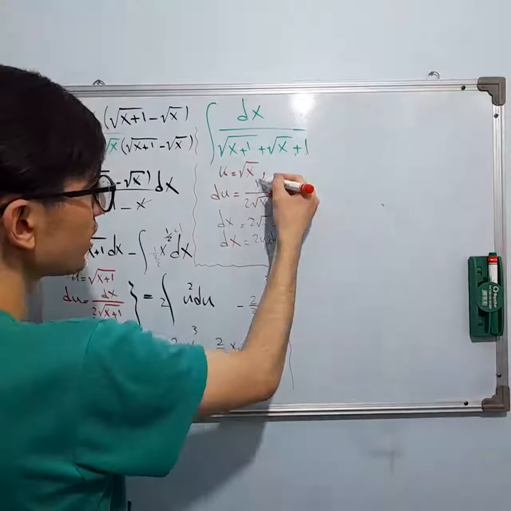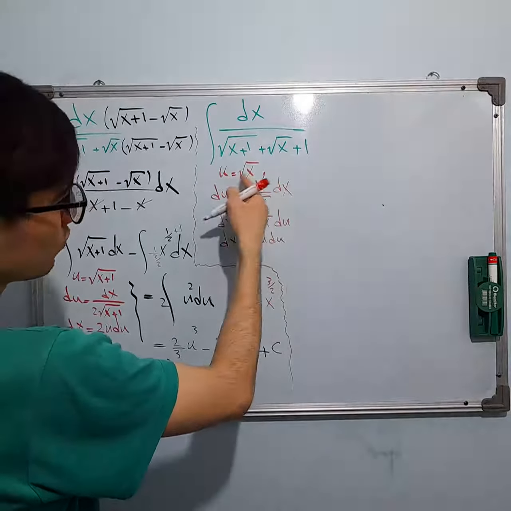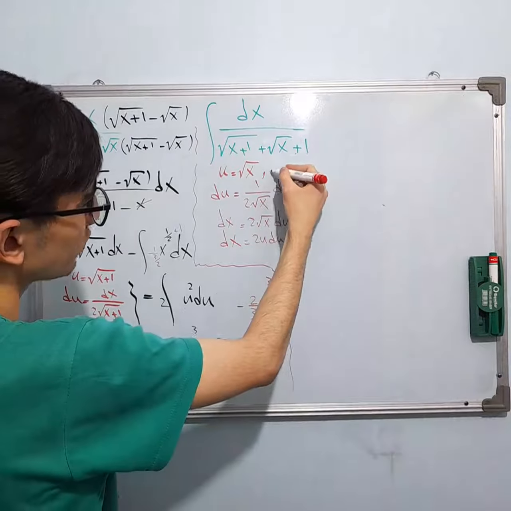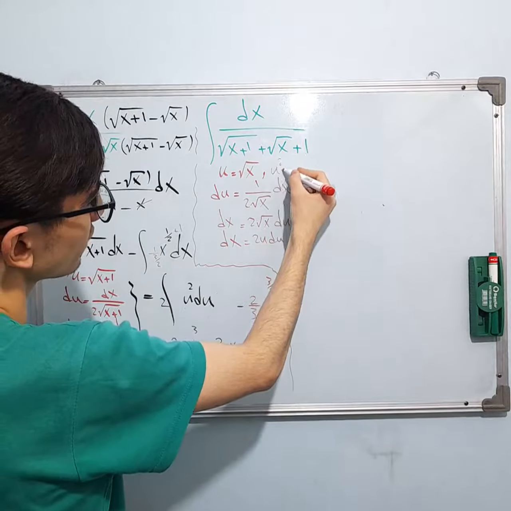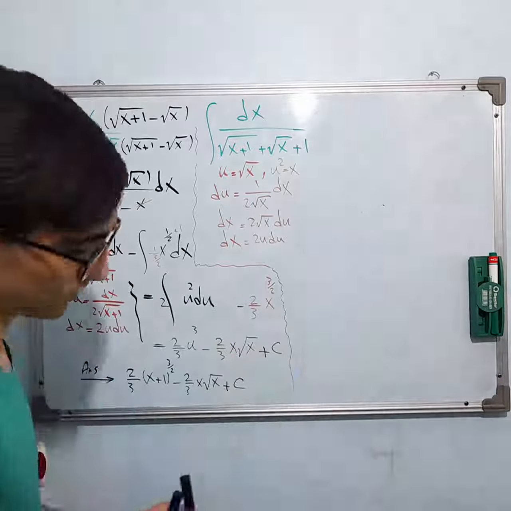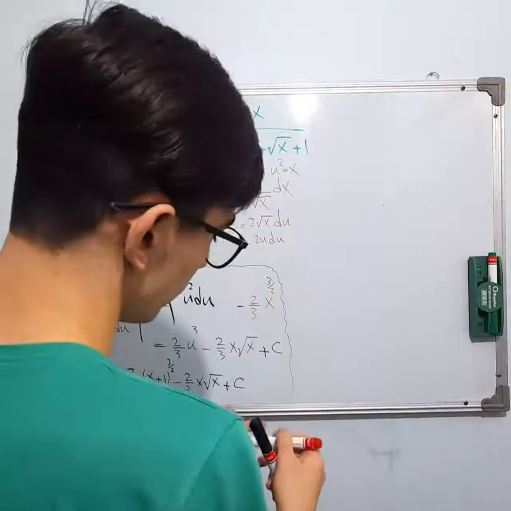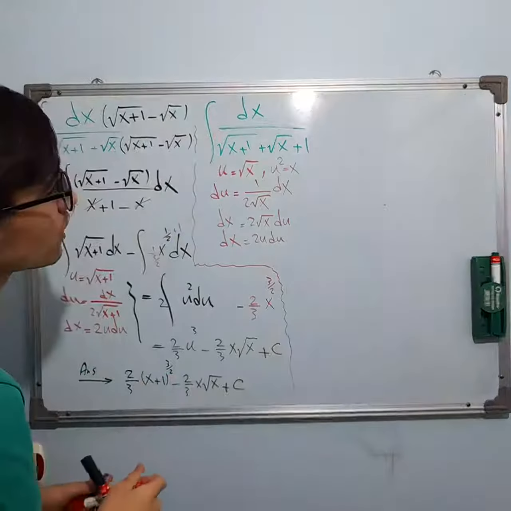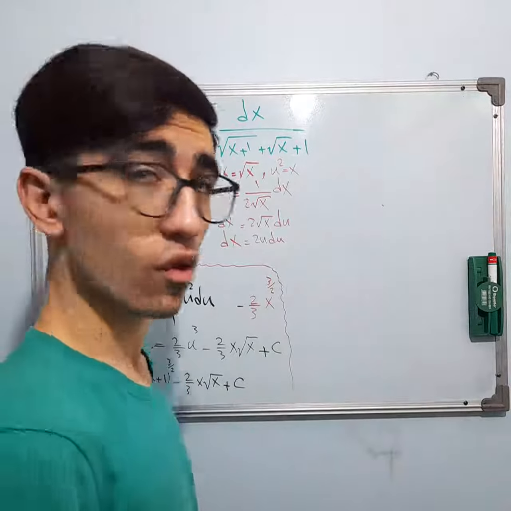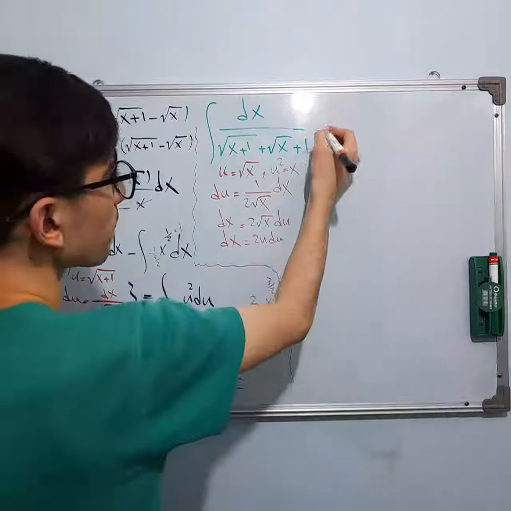If I square both sides, I get u squared equals x. So I'm going to replace these in here and change from the x world to the u world.